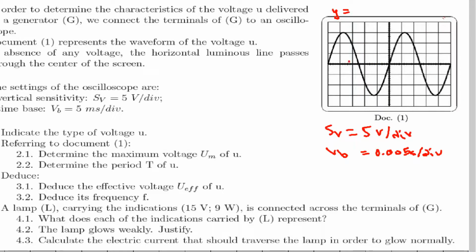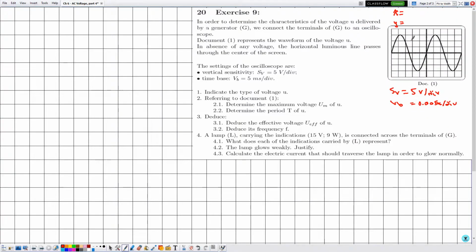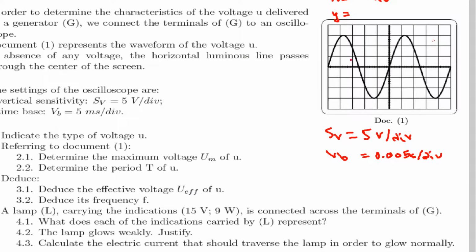So let's count from the center. Then let's choose a point, skip a point, choose another point. In this case, it's given by 1, 2, 3, 4, 5. So x is equal to 5 divisions. As for the value of y, it is from the center to the maximum point reached by the curve, which is given by 1, 2, and 3.